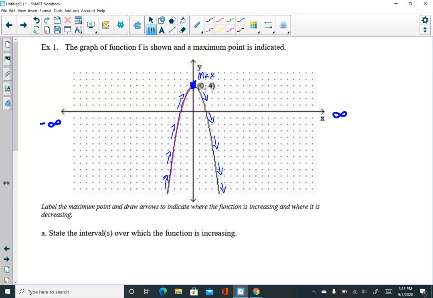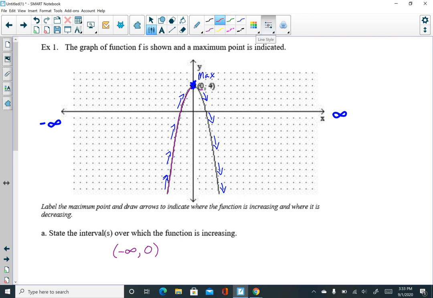They're coming in from the left, and so your x values over here from the left are negative infinity to this tippy top x value up here, and that x value is 0. And then, like I said a minute ago, intervals for increasing and decreasing are always going to have parentheses.